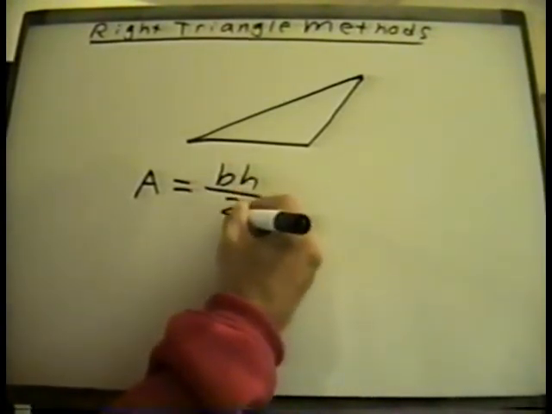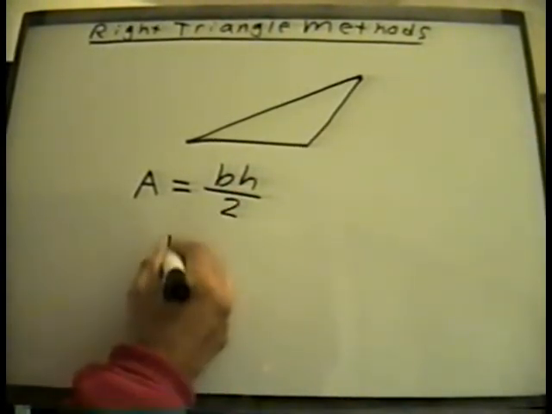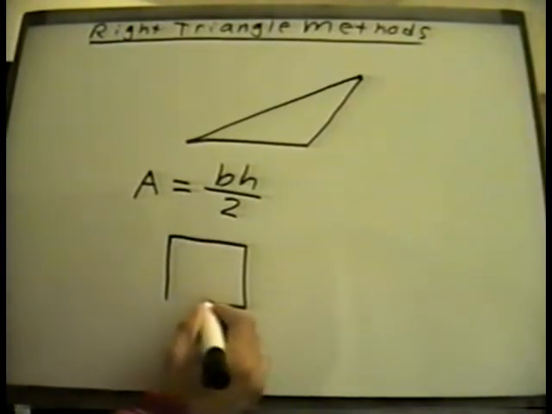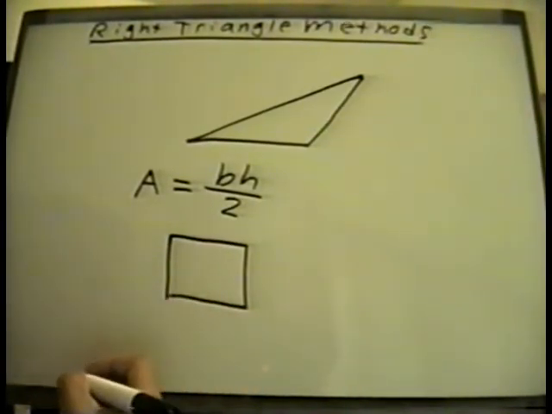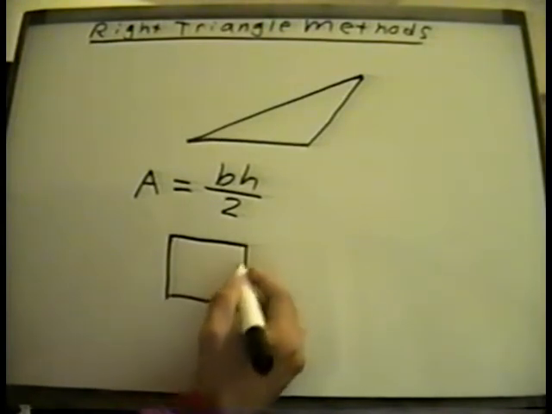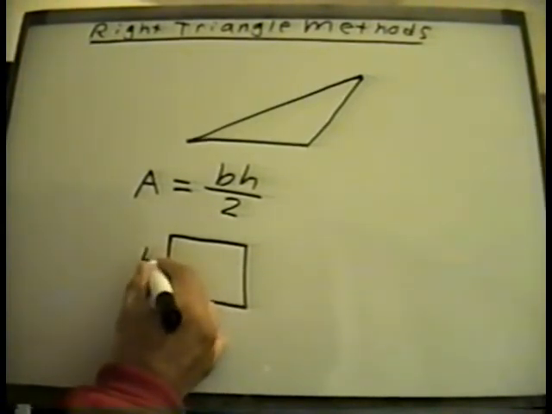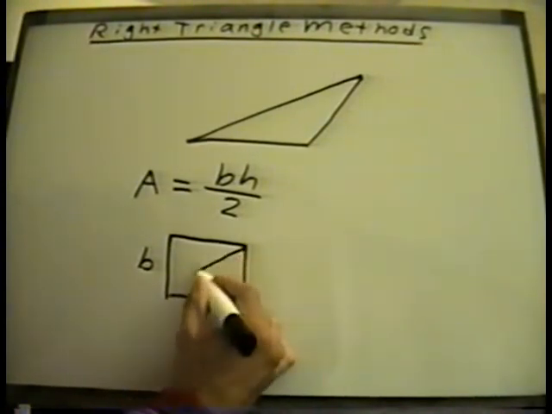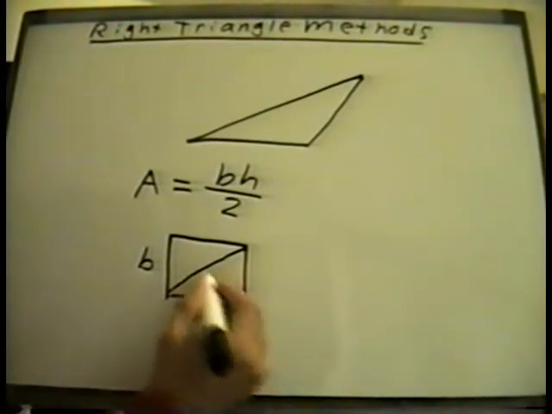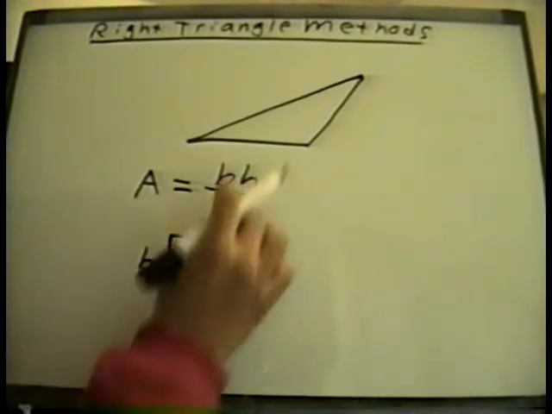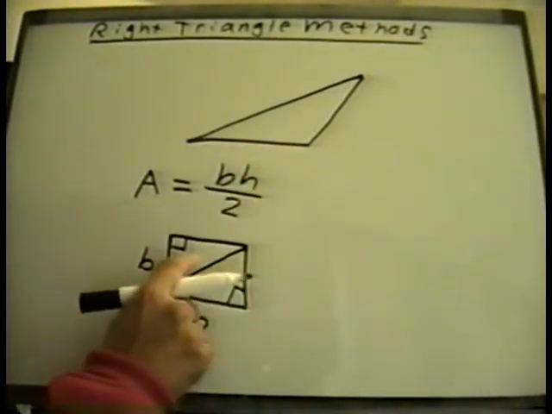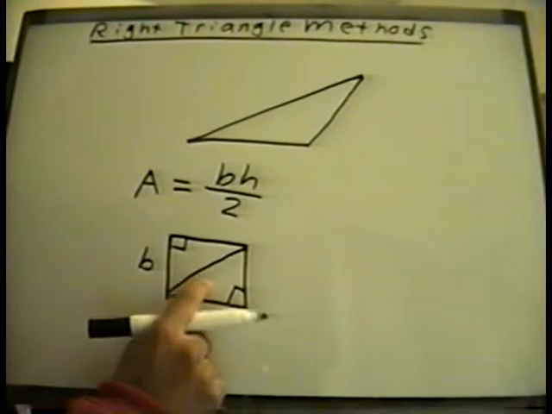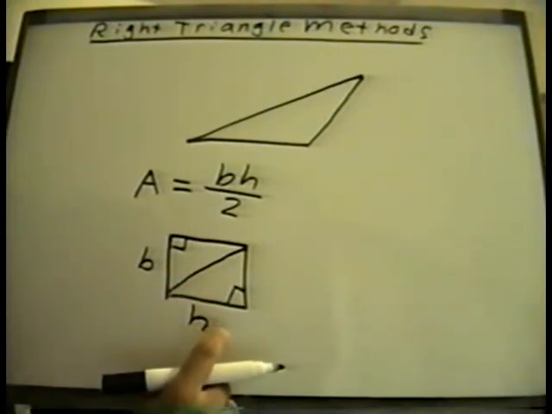If you want to calculate the area, remember the area of a triangle is 1/2 base times the height, and that's because if I take a square, you can say B and H, but B and H could be the same, and if I divide it in 2, I get a right triangle. I get 2 right triangles, and this formula tells me the area of that.